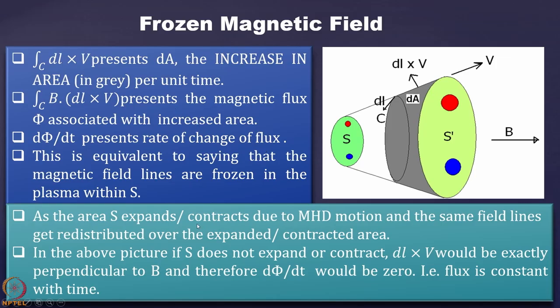When S doesn't expand, then B · (dl cross V) is exactly 0 and dφ/dt equals 0, so even though V is there, the flux is constant. So when the conductivity is infinite or very large, we can assume that the magnetic field is frozen in the plasma. Wherever the plasma goes, the magnetic field also goes with it.